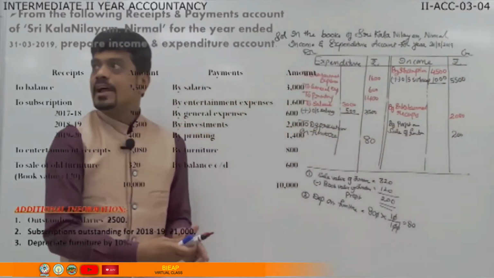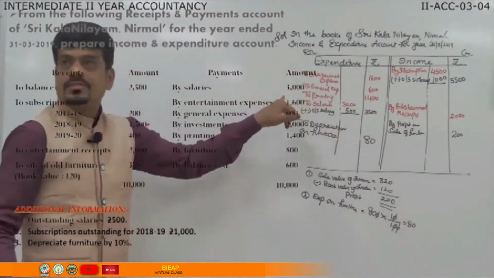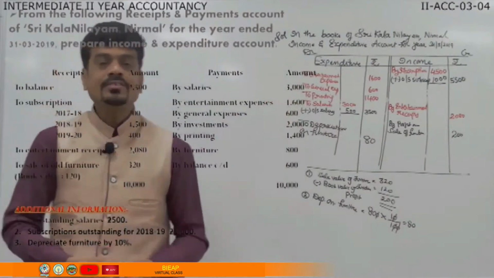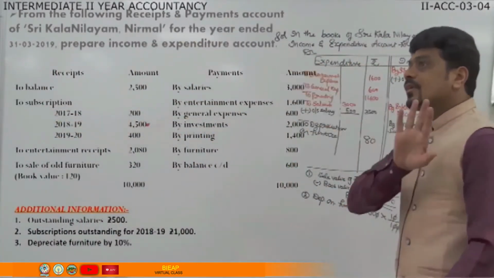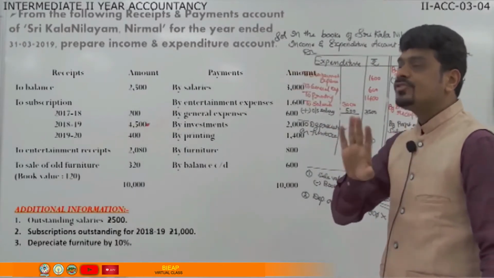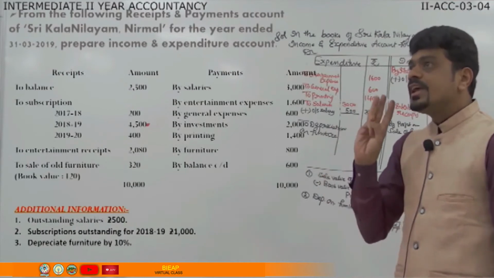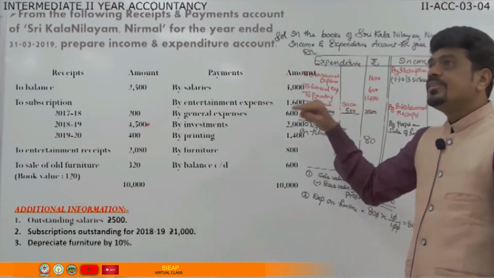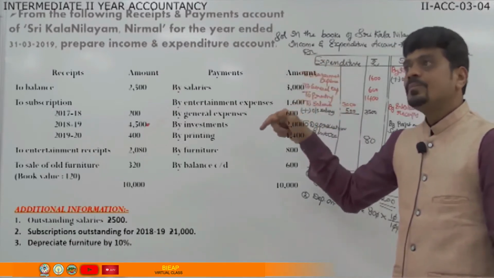Once again, first I'll teach you the postings. Again you see, receipt side we started. The first receipt given to you all is balance. Always keep in mind, to balance, to cash in hand will not come. Then subscription. Since they gave 3 years, one is of previous year, one is current year and next year.